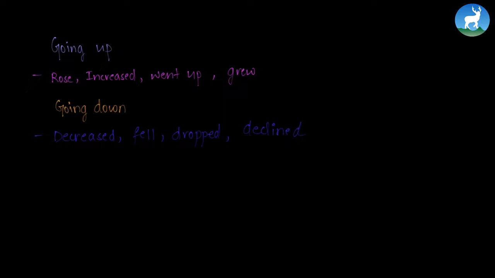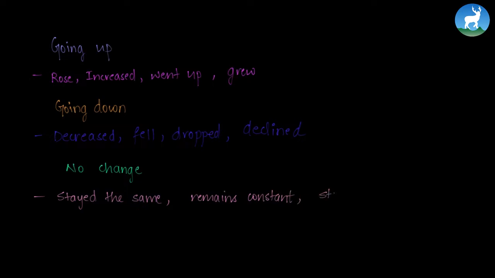If you need to use it in your present tense. For no change, you can say it stayed the same, or it's staying the same. It remains constant, or it's stabilized. Please change the form of verbs.